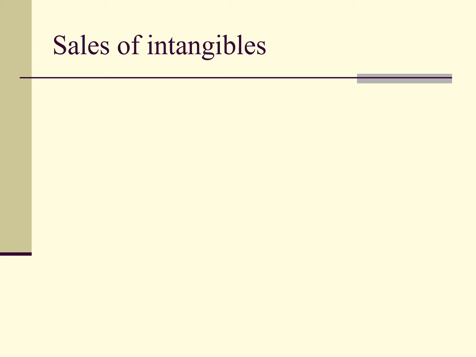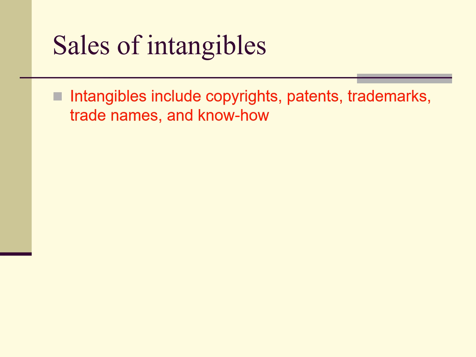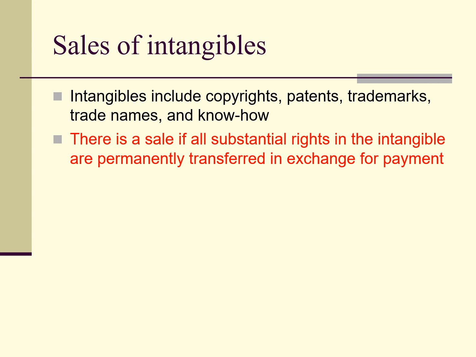Now let's talk about sales of intangibles. Intangibles include intellectual property such as copyrights, patents, trademarks, trade names, and know-how. There is a sale of an intangible if all substantial rights in the intangible are permanently transferred.